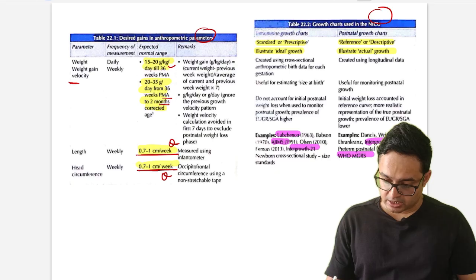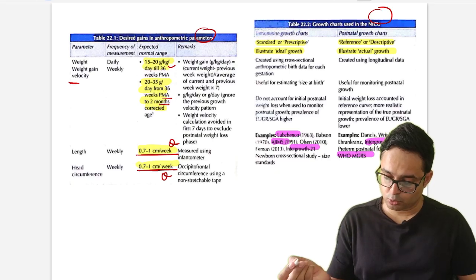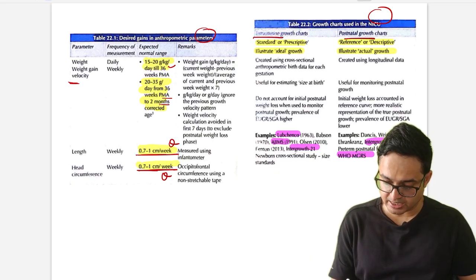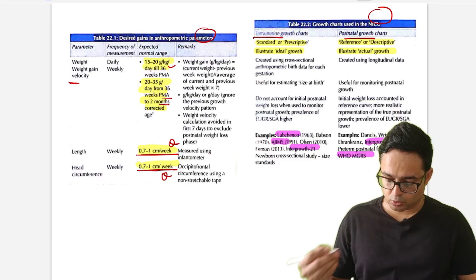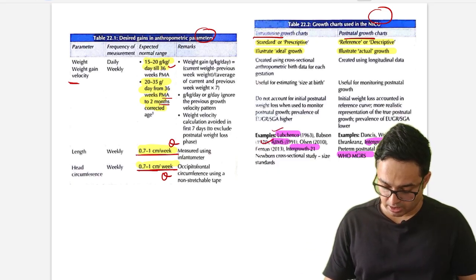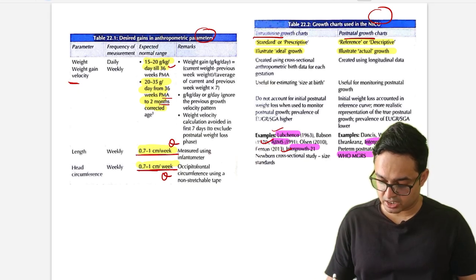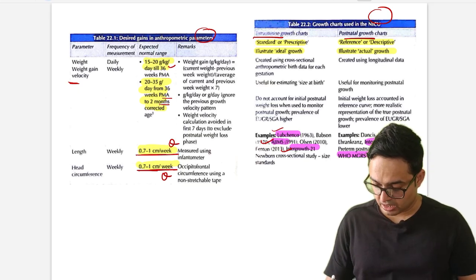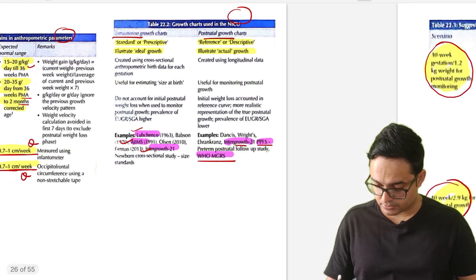Growth charts used in NICU. There are two types of charts, obviously intrauterine and postnatal. Examples of intrauterine growth charts are Lubchenco, AIIMS chart, and Intergrowth 21 chart, and postnatal charts are Intergrowth 21, PPFS and WHO MGRS.